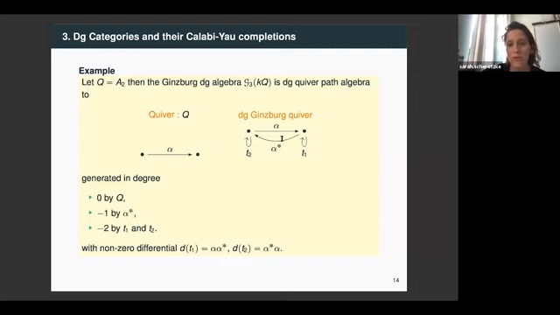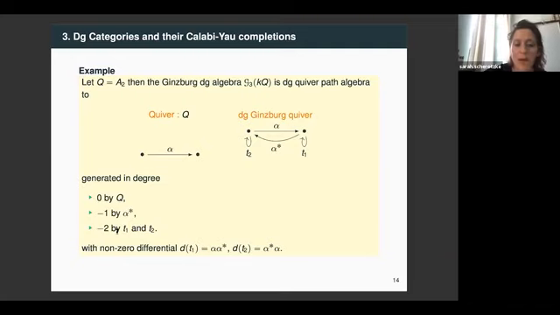So the quiver on the right is not in degree 0, but in different degrees. Degree 0 will be all the arrows and vertices from the original quiver. Then we have generators in degree -1, which are the arrows that I have inverted.